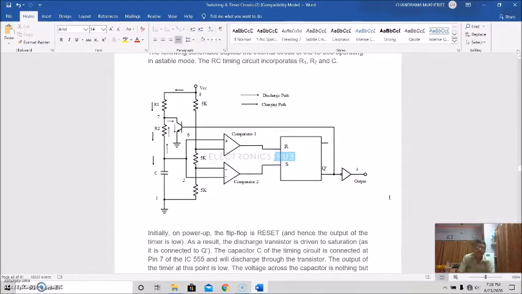As a result, the discharge transistor is driven to saturation, as it is connected to the complementary Q, or Q prime, and the capacitor C of the timing circuit is connected to pin 7 of this IC 555.